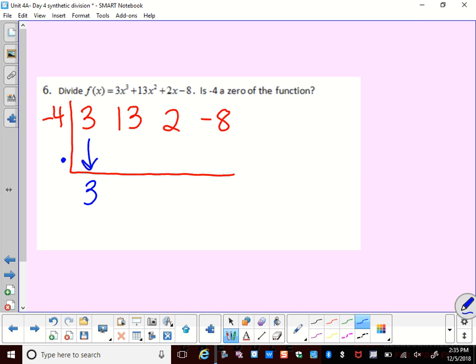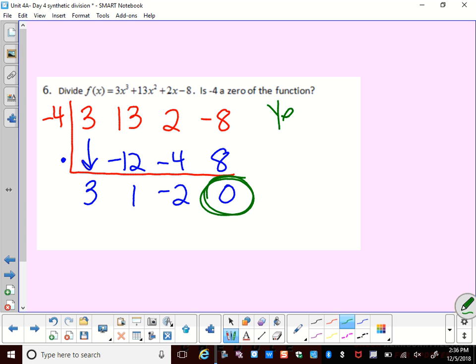I multiply going diagonally, so 3 times negative 4 is negative 12. 13 minus 12 is 1. 1 times negative 4 is negative 4. 2 minus 4 is negative 2. Negative 2 times negative 4 is positive 8, and then we have 0. So, is this a 0 of the function? Yes.